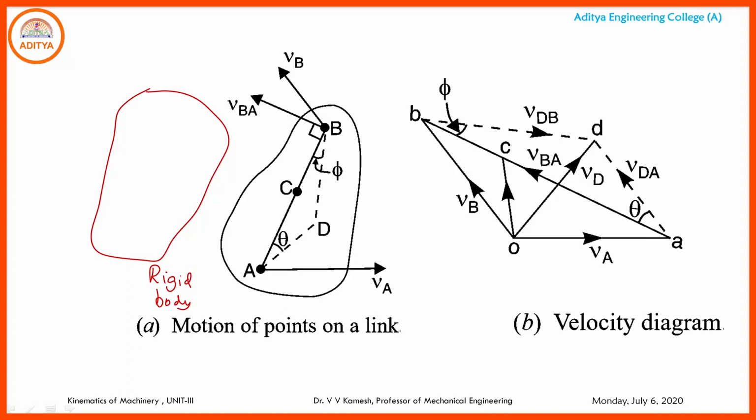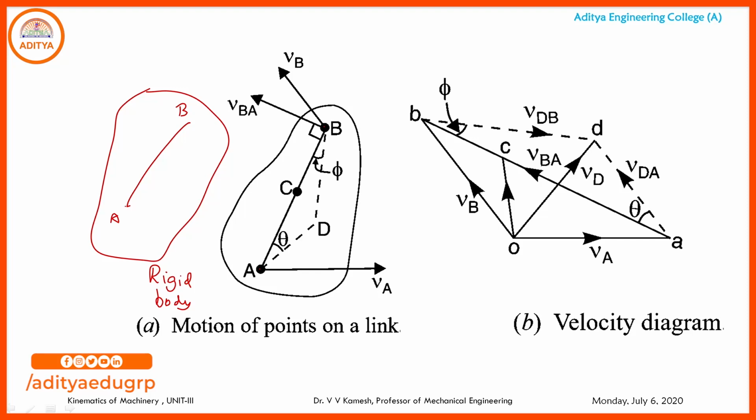Rigid body means whatever the force of application on this by some external means, F1, F2, F3, some forces acting, or by means of the rotation continuously like this, the physical parameters between any 2 points, that means the length between A, B, should not change. Suppose I am taking A here, B here, the distance between the points A, B should not change. So in this case we are always taking all the bodies as rigid bodies.